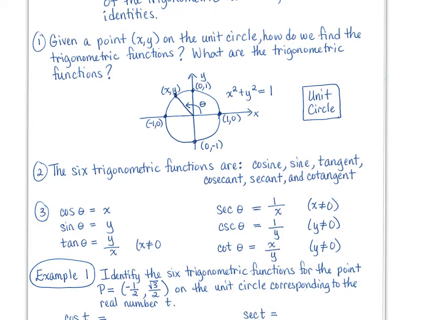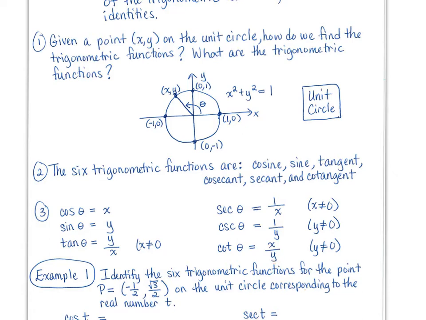Secant of theta is 1 over cosine of theta, or 1 over x. Cosecant of theta is 1 over sine of theta, or 1 over y. Do you have a question? No. Okay. And cotangent of theta is equal to x over y, which is the same thing as what over what? Very good. Cosine theta over sine theta.